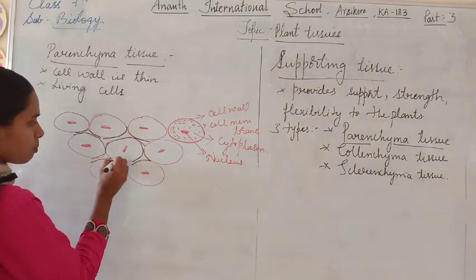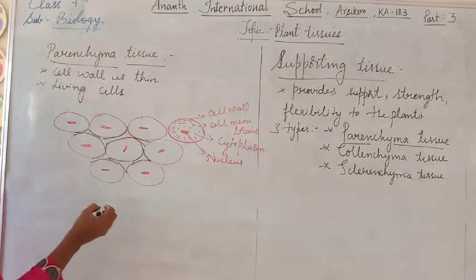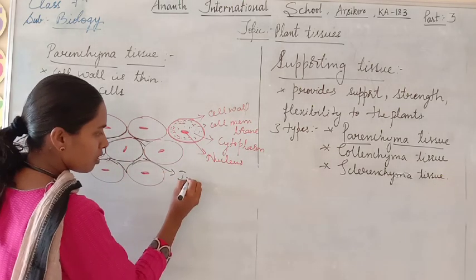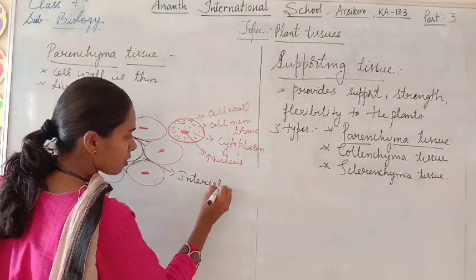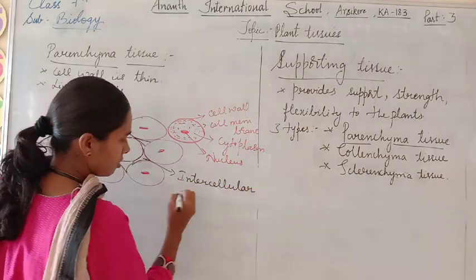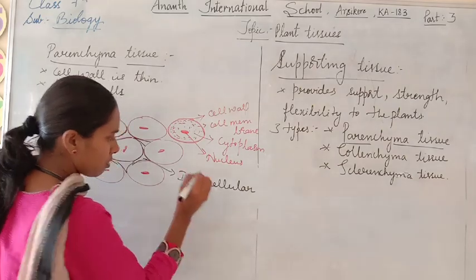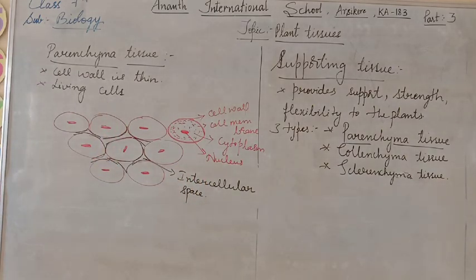The intercellular space is present between the cells. So these are the characteristics of the parenchyma tissue. Now we came to know the characteristics of the parenchyma tissue.